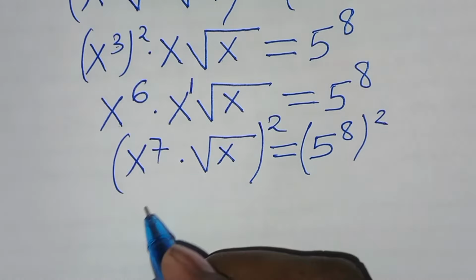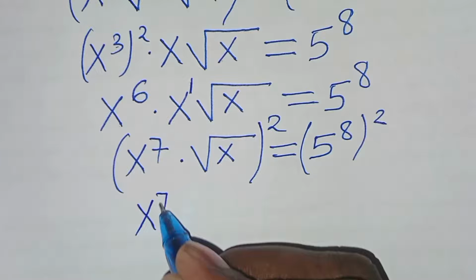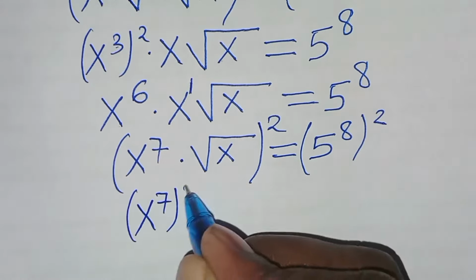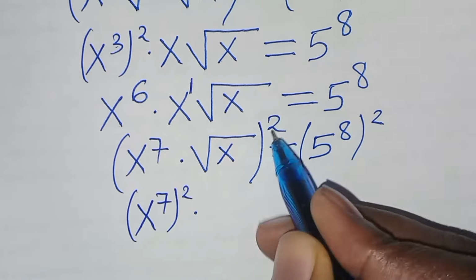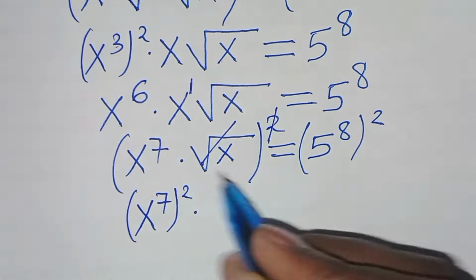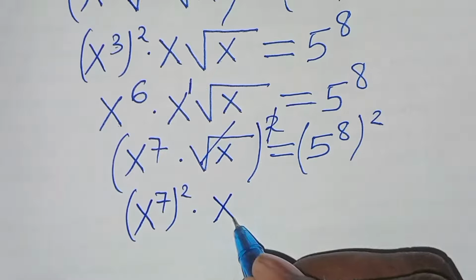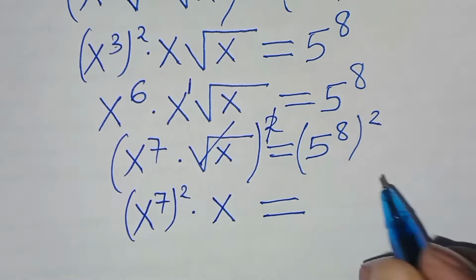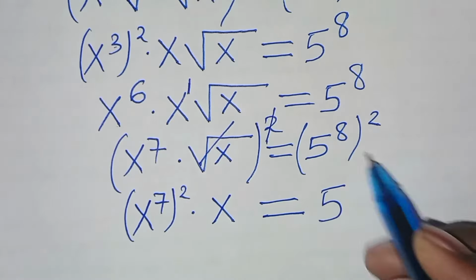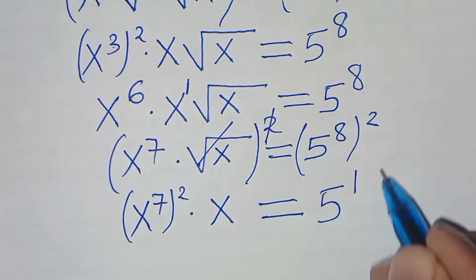So this means that here we have x to power 7 squared times, now we eliminate the second square root sign here, so we'll have times x. This is equal to 5 to power 8 times 2, which is equal to 16.